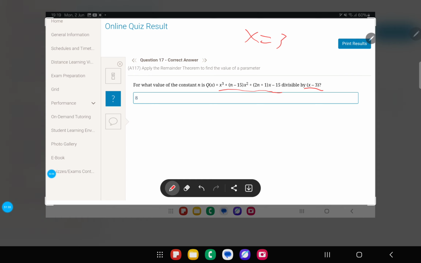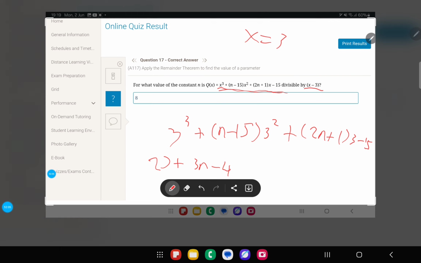Okay, so now that we have x, we just substitute it in the equation. So 3 cubed plus bracket n minus 15, 3 squared plus bracket 2n plus 1 times 3 minus 15. Now let's solve. It's going to be 27 plus 3n minus 45.